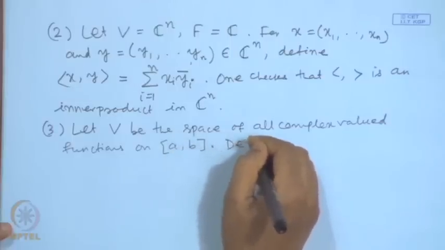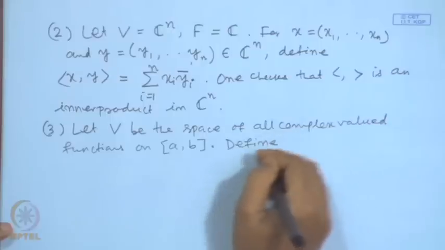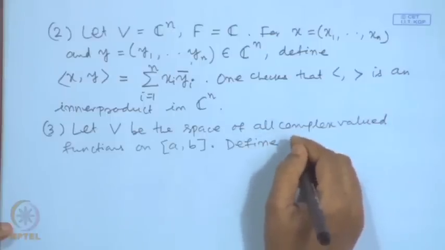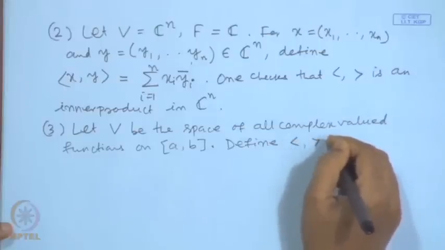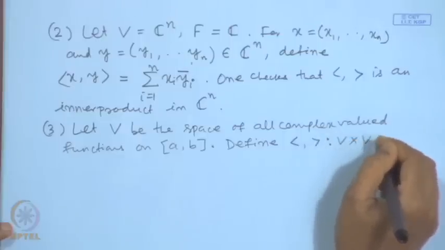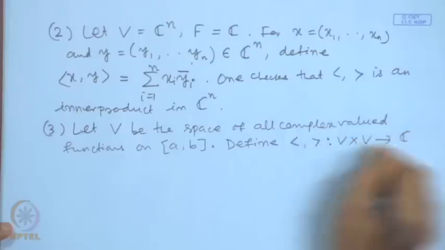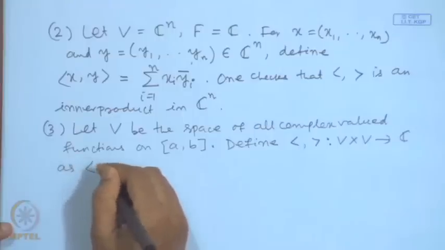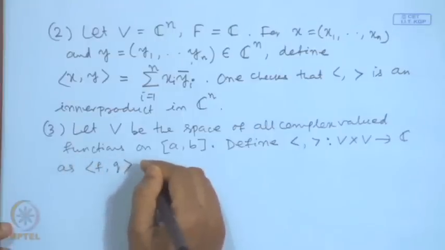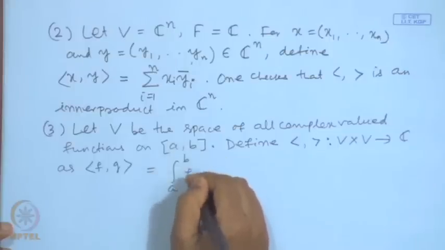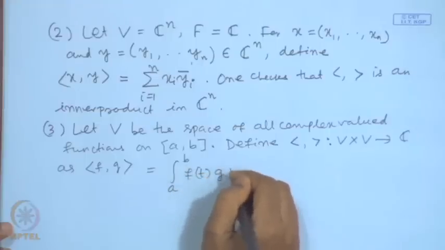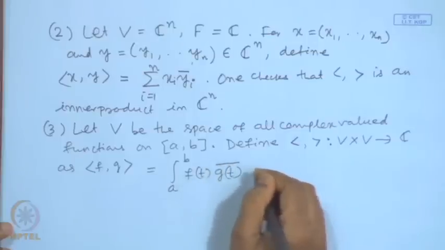We define a mapping from V cross V to the set of complex numbers as inner product of f g equal to the integral a to b f of t times g of t bar, the complex conjugate of g of t, dt.